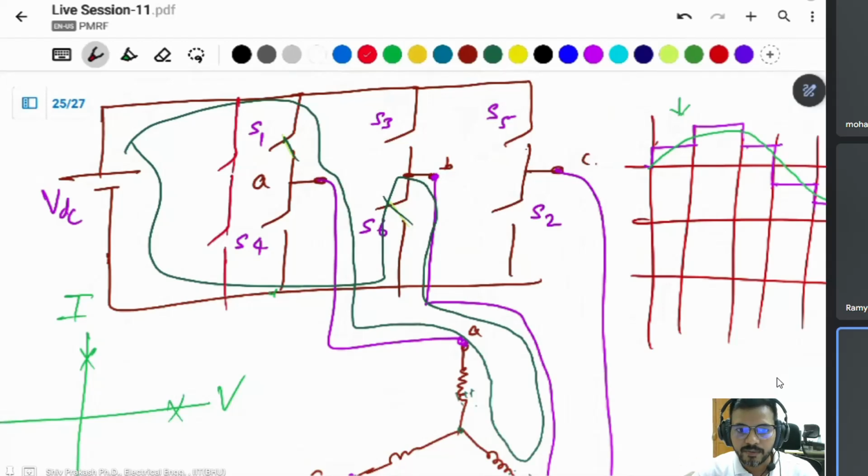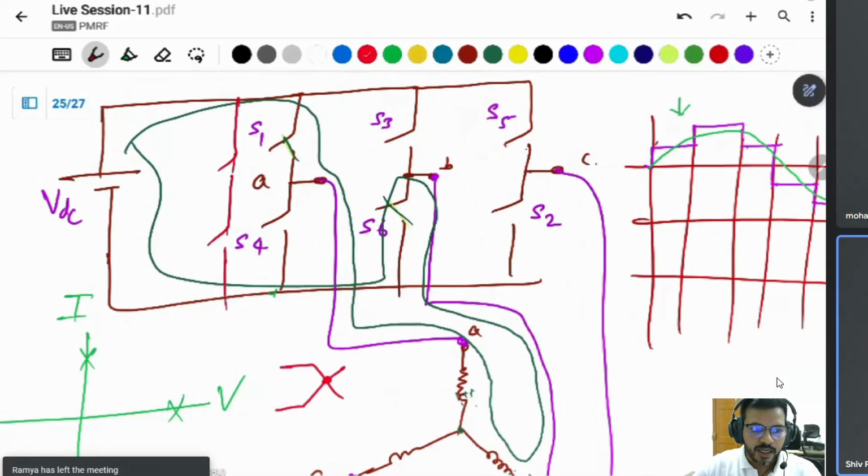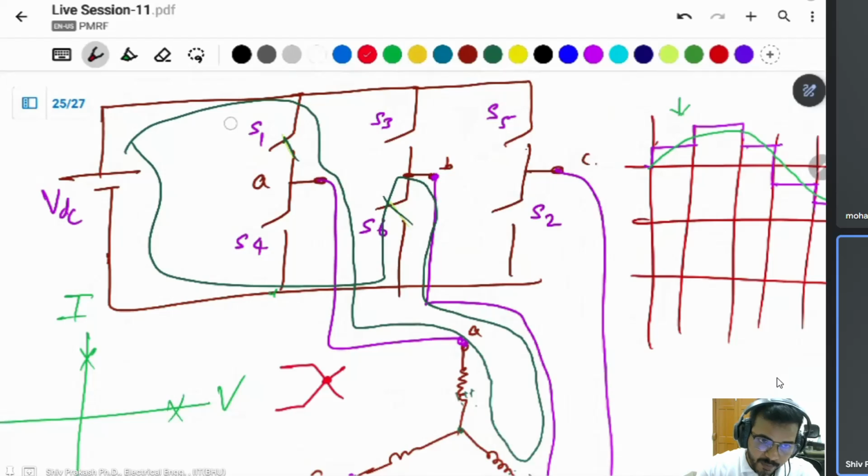It will take some delay time to turn on and turn off. At that moment, if one is turned off and another is turned on, there is some meeting point, and at that point it may damage the source or short circuit the source. That's why there is a requirement of some delay between them. One is purely turned off, and after that the second one will be turned on. This will be flowing like that.